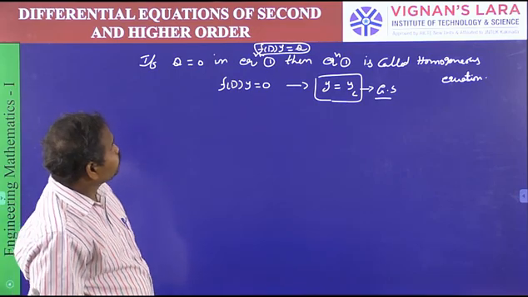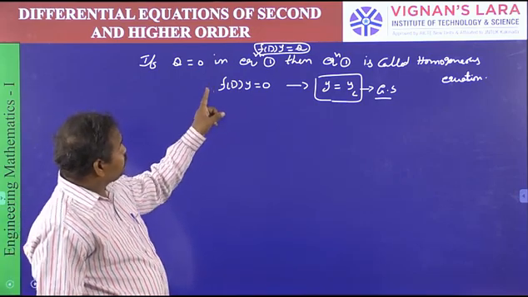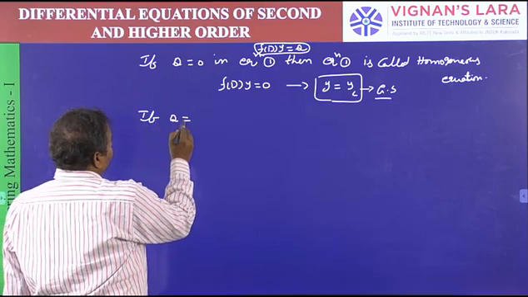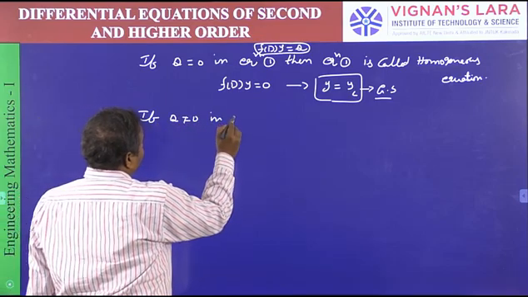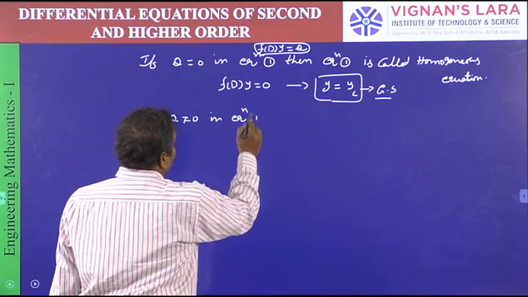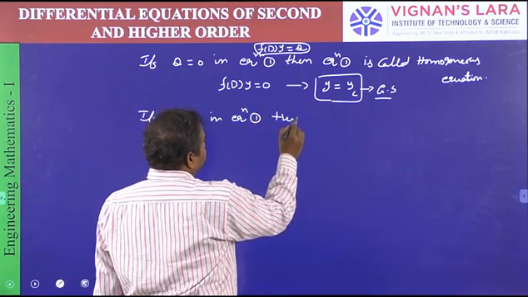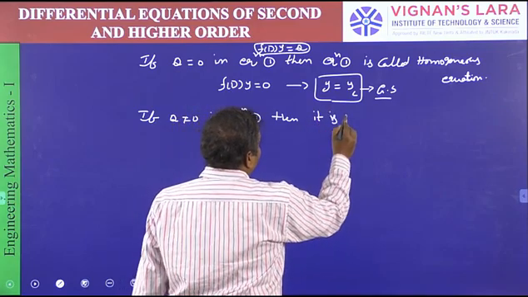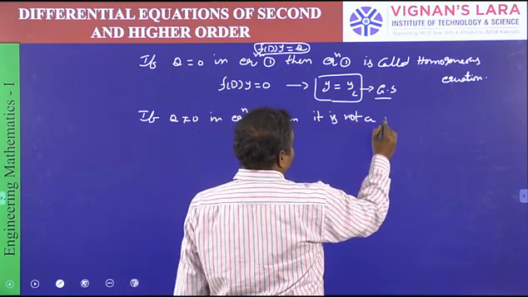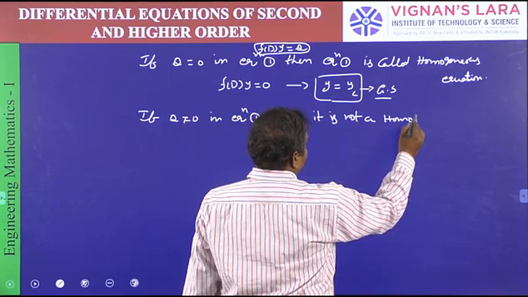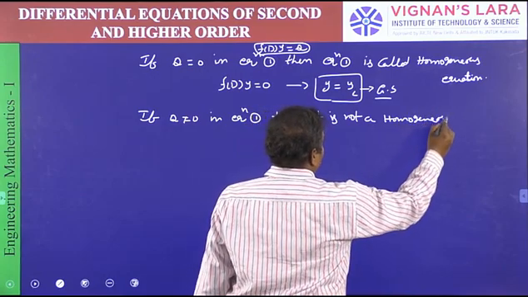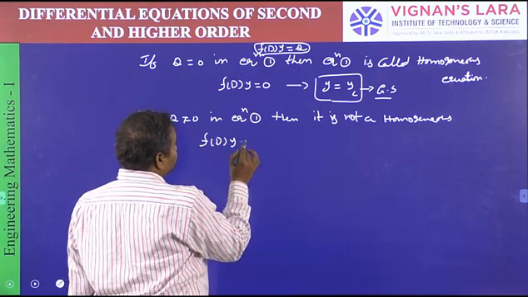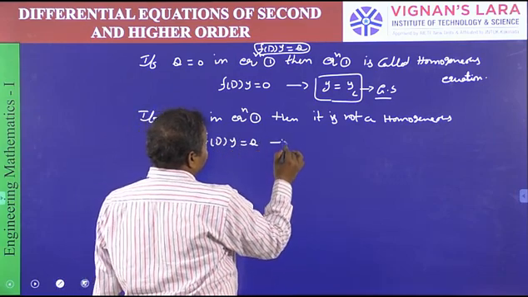If the right hand side is not equal to 0 in equation 1, then it is not homogeneous.